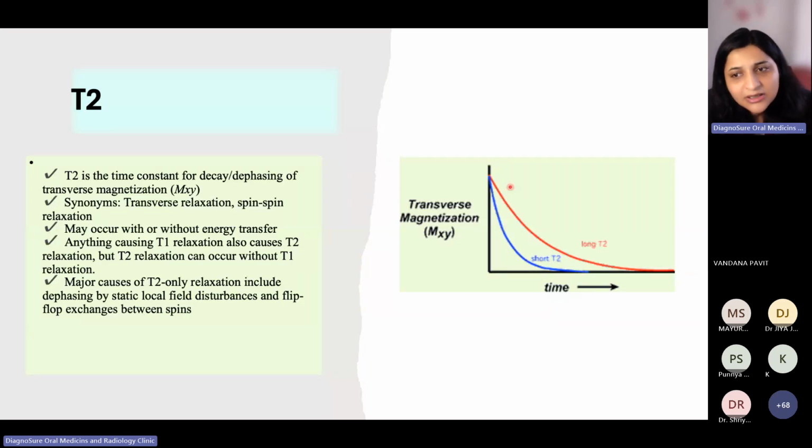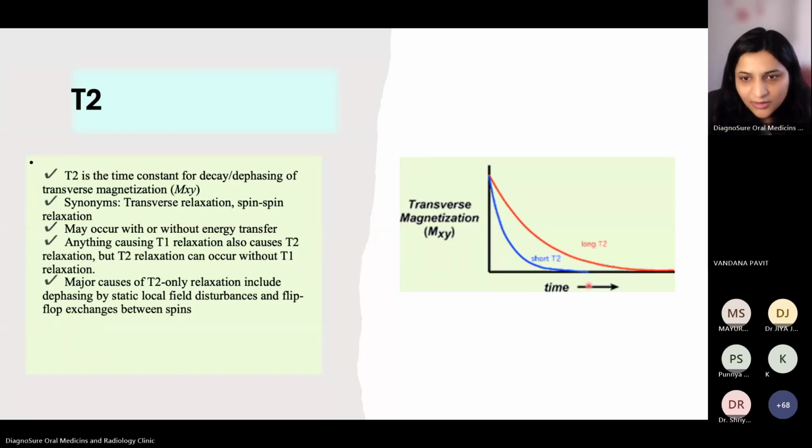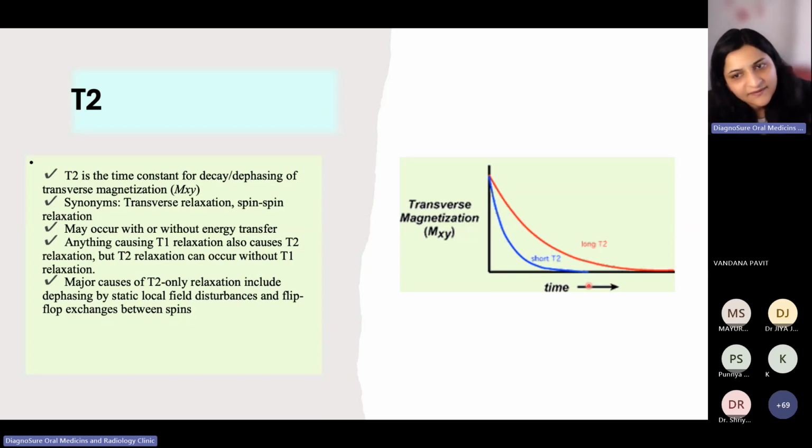T2 relaxation occurs because of interaction between neighboring protons. That's why it is called spin-spin relaxation, or disturbance in the local magnetic field, which causes the proton's magnetic moment to gradually lose its alignment and dephase. Anything that affects T1 can also impact T2 relaxation, but T2 can occur independently.